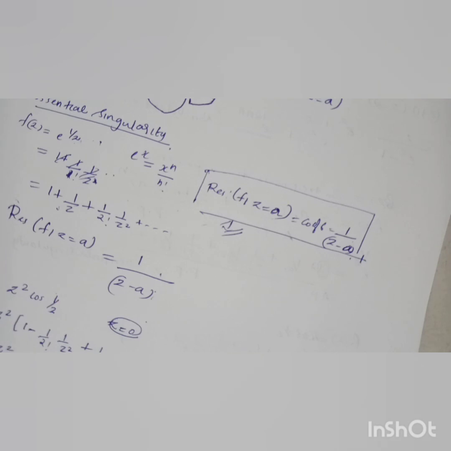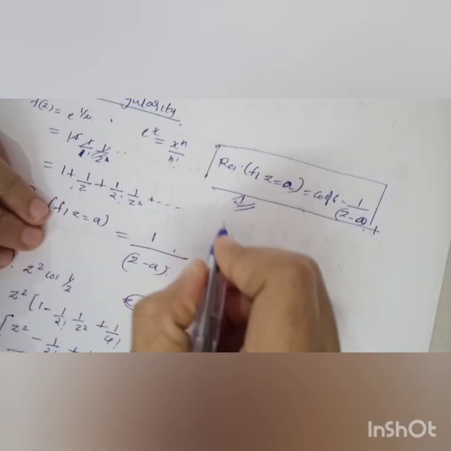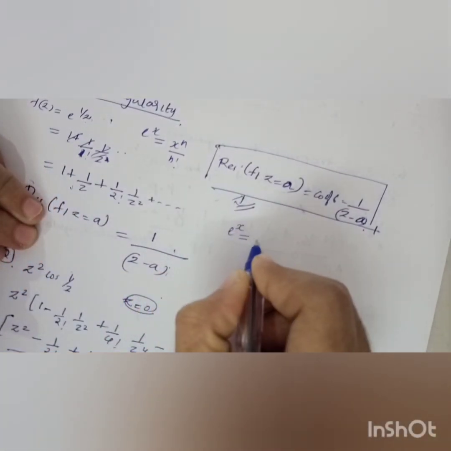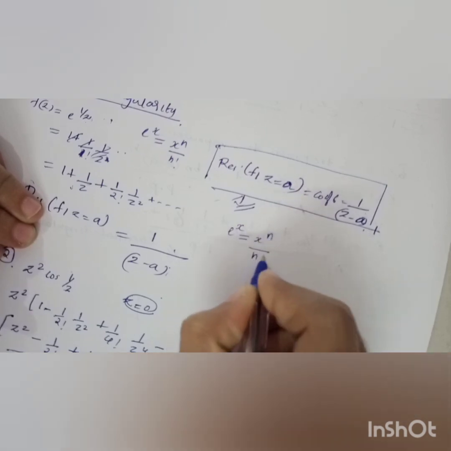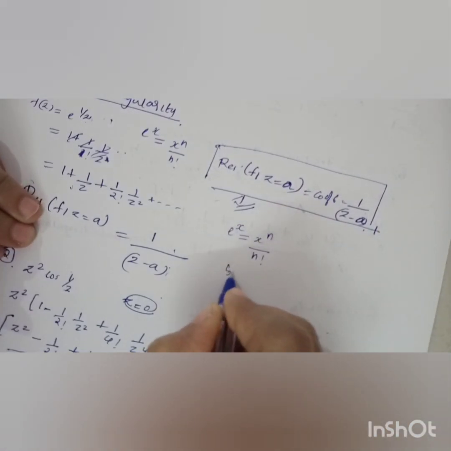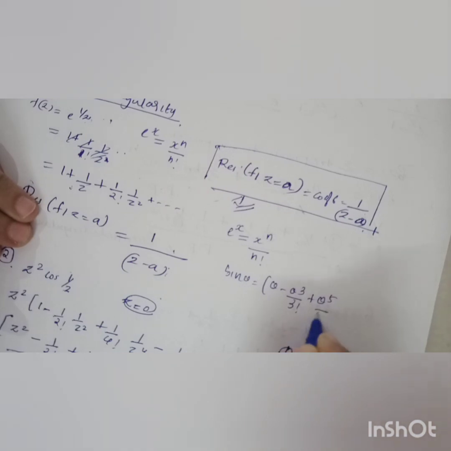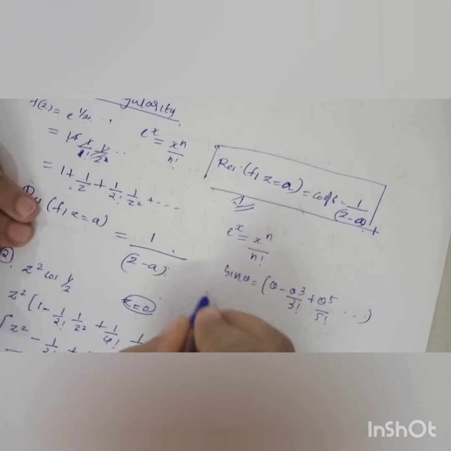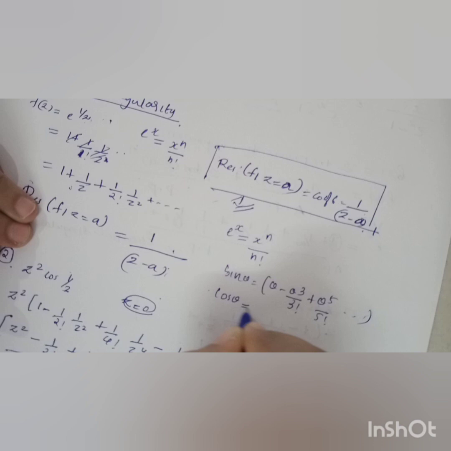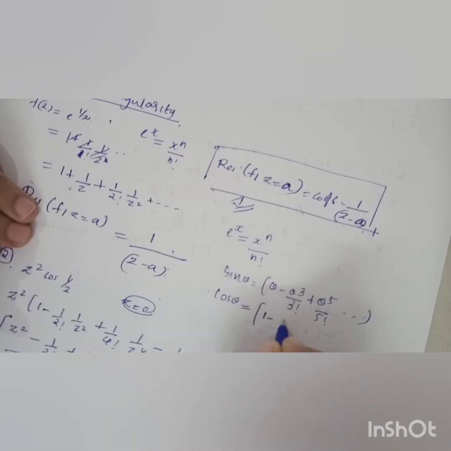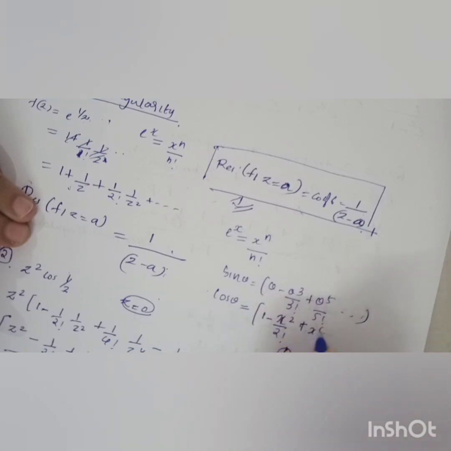Okay, and you have to remember these three expressions: e raised to x is the sum of x raised to n divided by n factorial; sine theta is equal to theta minus theta cube by 3 factorial plus theta raised to 5 by 5 factorial, like that; and cos x is equal to 1 minus x square by 2 factorial plus x power 4 by 4 factorial, like that.